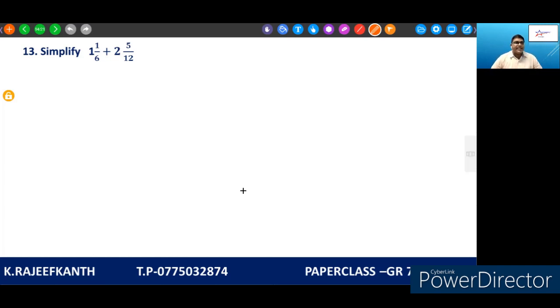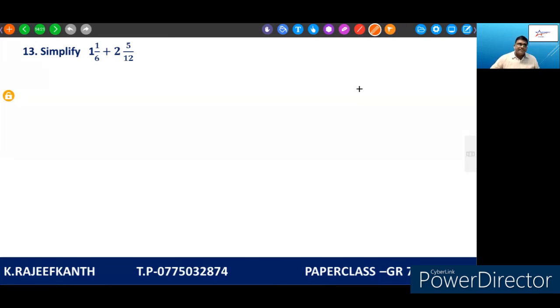If you finish, then I can explain in two ways. How can we add it? How can we add two mixed numbers, right? Here 1 and 1 over 6 plus 2 and 5 over 12.